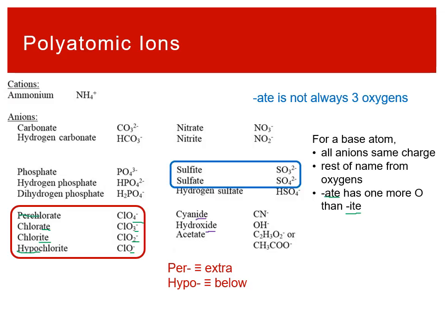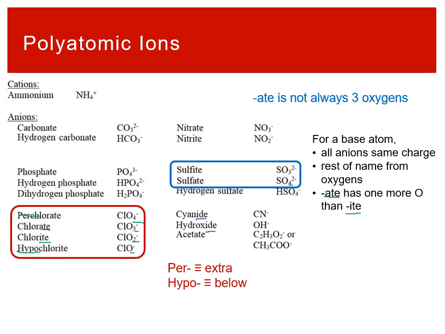Do want to be careful. That ending on ate is not always 3 oxygens. If you look at sulfate, you can see that is a nice 4 oxygens. It can be tempting, when we see the chlorates and the nitrates, to think that 3 oxygens would mean ate.